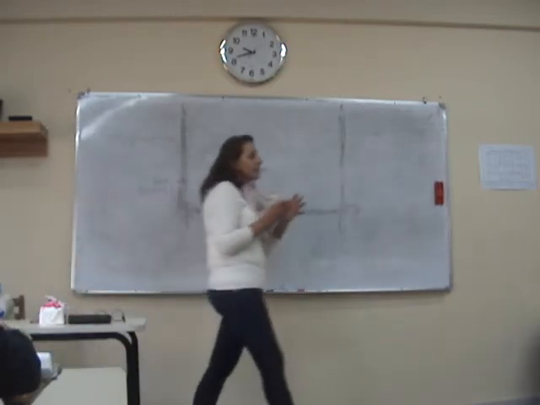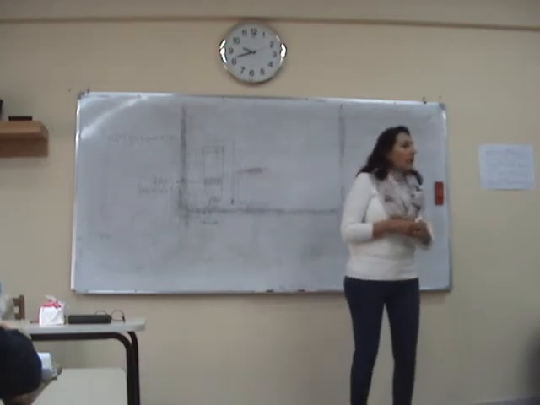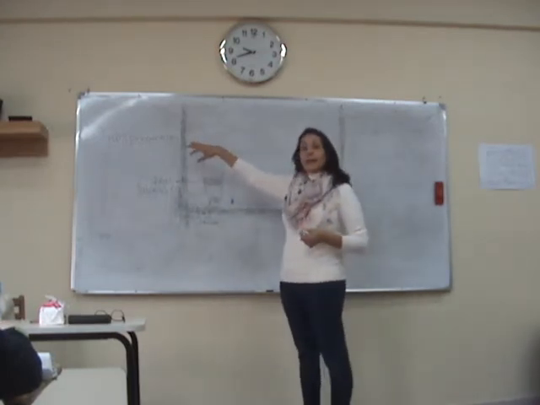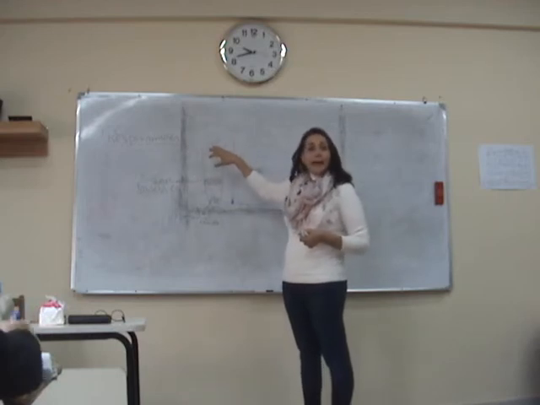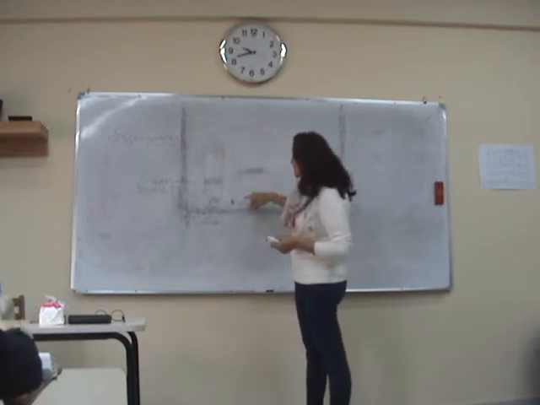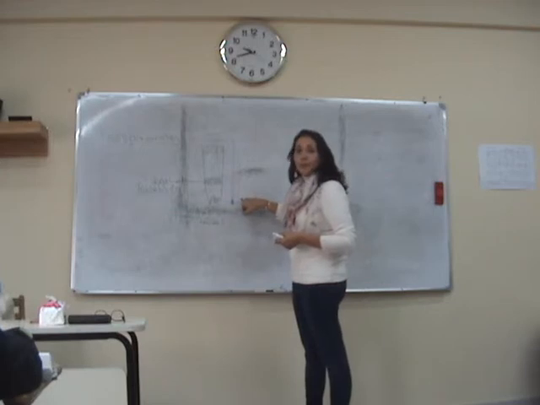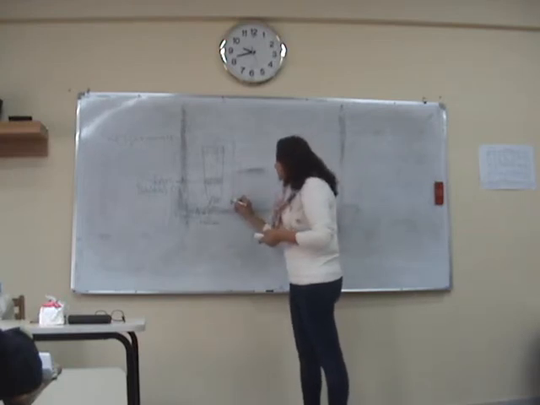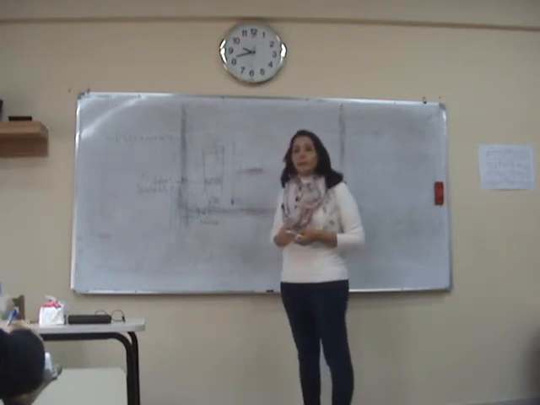After the 5 minutes equilibration time, we seal the apparatus, make sure it's airtight, and we make sure that the scale is at the 0. We have to reset the scale to the 0, or just take wherever the manometer fluid level is, and this is going to be our 0.